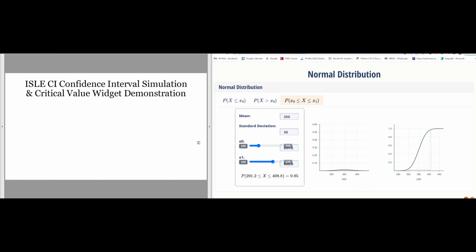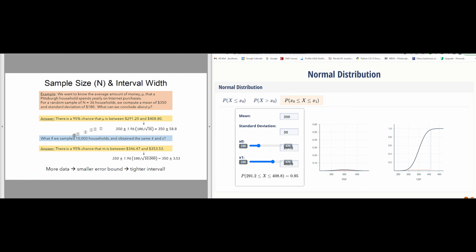Now, if we dramatically increased the number of households from 36 to 10,000, that would reduce the bounds of our error.